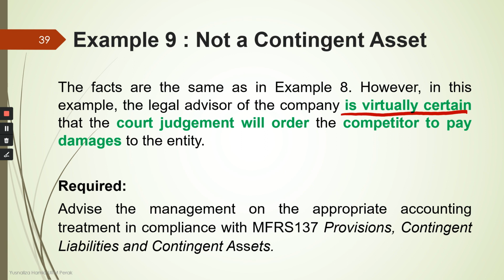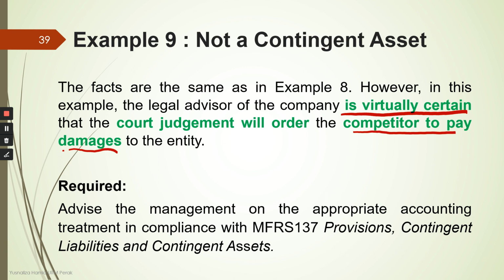But this time around, the court judgment is ordering the competitor to pay the damages claim of our company. So if that was the case, it is virtually certain that you will be getting the inflow of economic benefits.